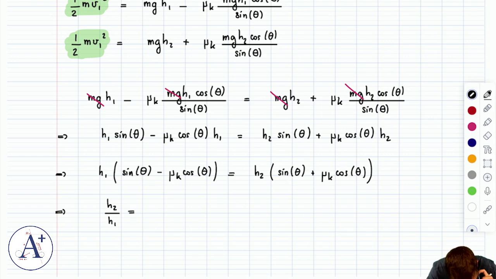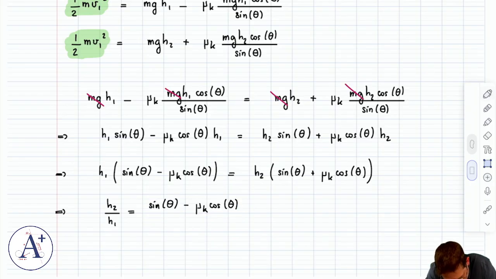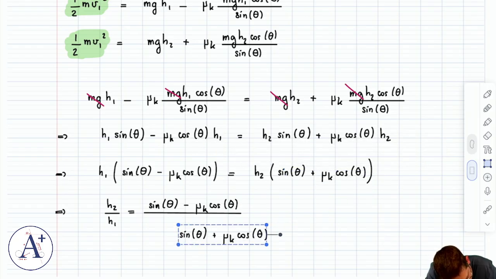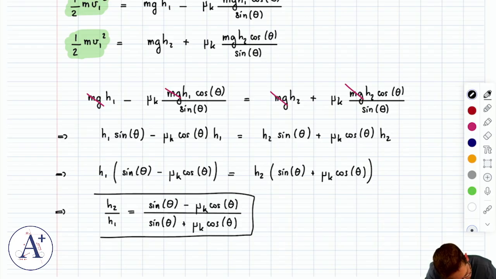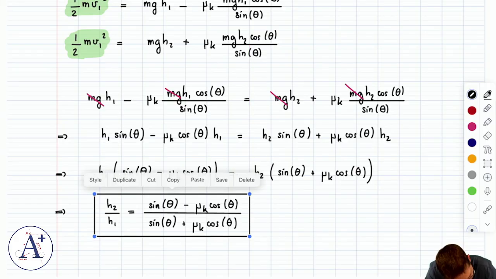Okay, well, we can do that. h2 over h1, we're just going to cross divide this thing. It's going to be this, boom, divided by this. And that is the ratio h2 over h1.